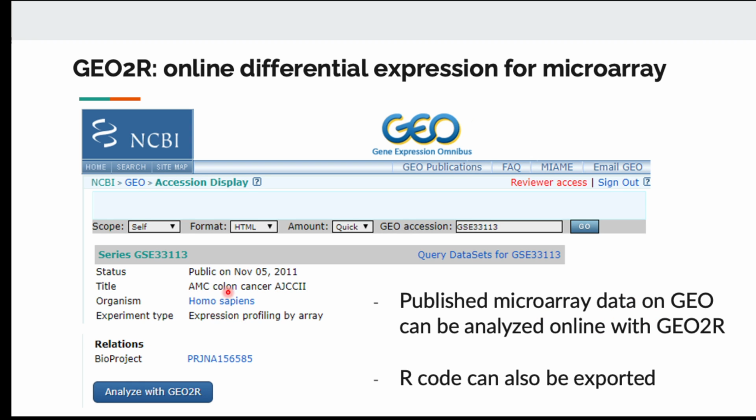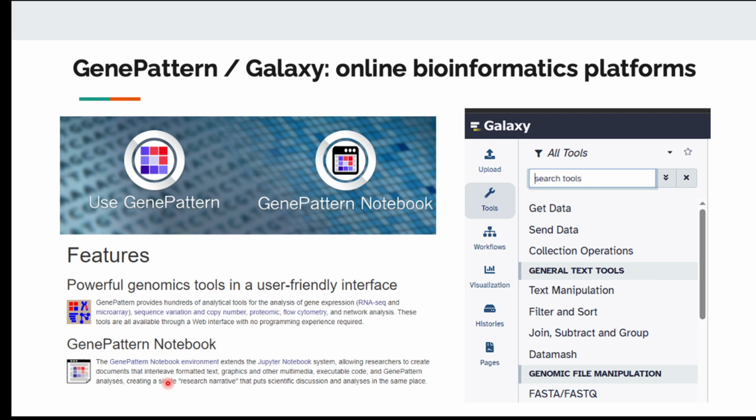On the Gene Expression Omnibus website, if the dataset was collected using microarray, there will be this button called Analyze with GEO2R. If you use this, you can perform differential expression analysis using the R scripts that are built in on the Gene Expression Omnibus website. Similarly, you are familiar with Galaxy already.